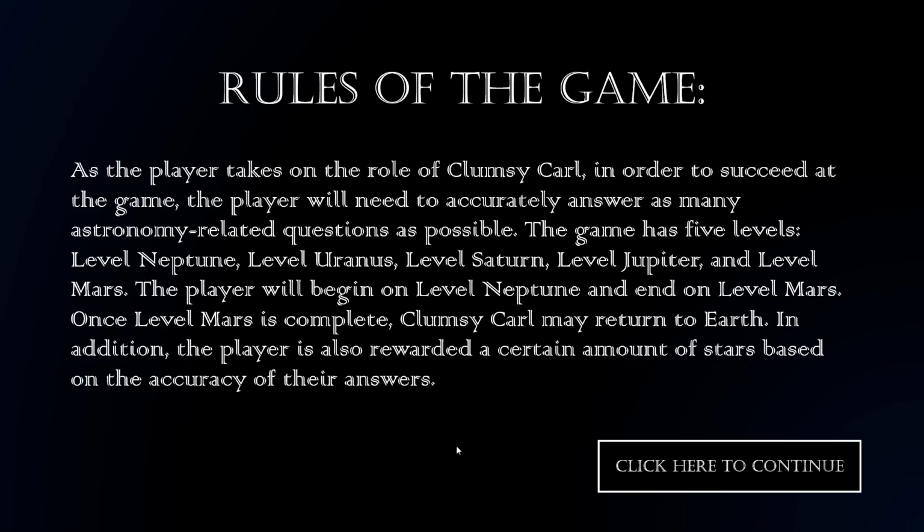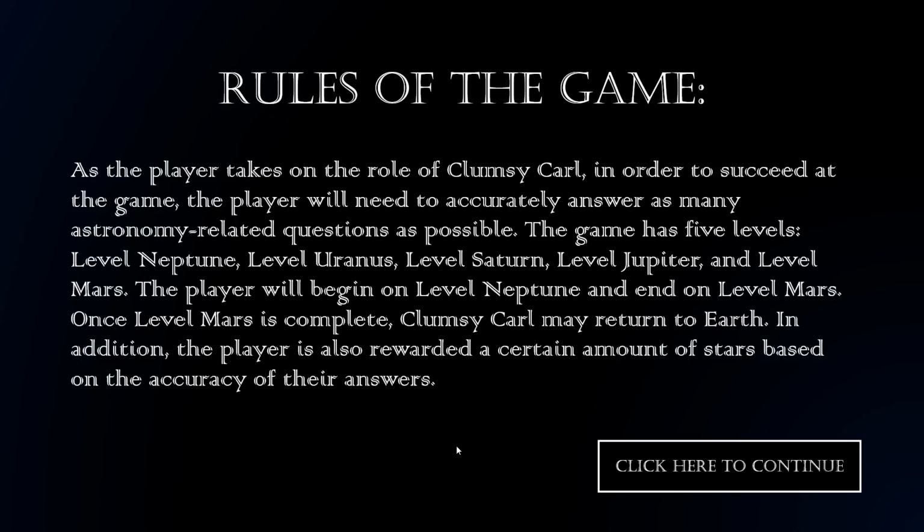And now here it explains the rules of the game. As the player takes on the role of Clumsy Carl, in order to succeed at the game, the player will need to accurately answer as many astronomy-related questions as possible. The game has 5 levels: level Neptune, level Uranus, level Saturn, level Jupiter, and level Mars. The player will begin on level Neptune and end on level Mars. Once level Mars is complete, Clumsy Carl may return to Earth.